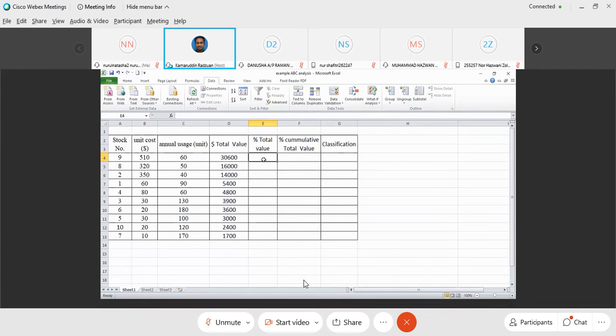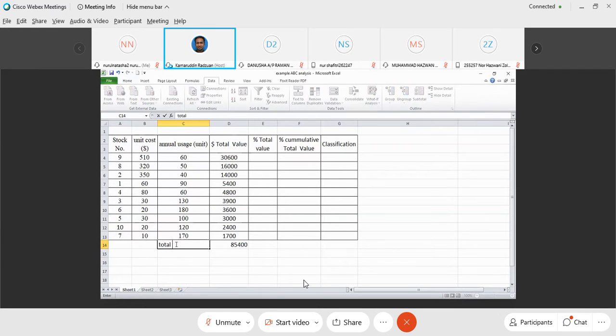Before we calculate the percentage of total value, we need to know the total value for the whole inventory.